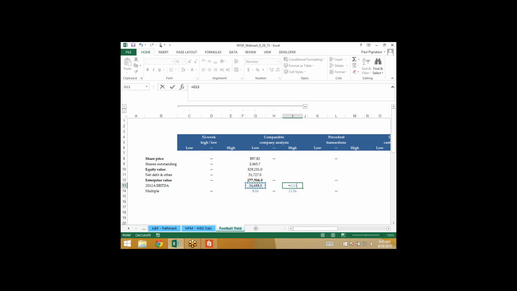I'll just pull it from the left. I'm not going to recalculate it again. I'm going to multiply, pull in the net debt, add, pull in the shares outstanding, and divide. 97 to 128. Pretty high.